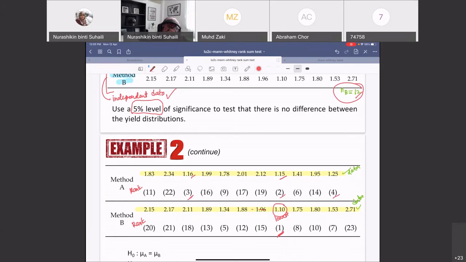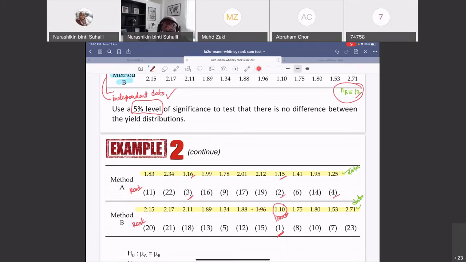Is there any values that are similar? Right, let's check. So that's how you got from 1, 2, 3, 4, 5, 6, 7, 8, 9, 10, 11.